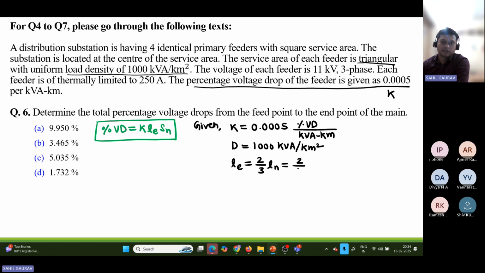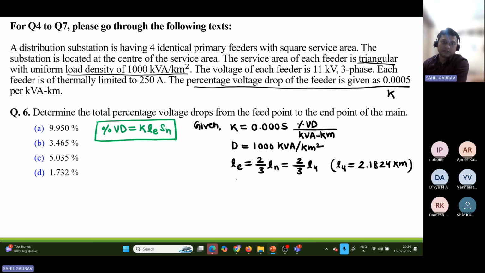So 2/3 of L4, and L4 we found from the previous problem, and L4 is given as 2.1824 kilometer.